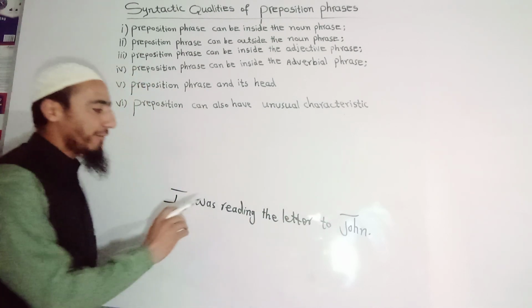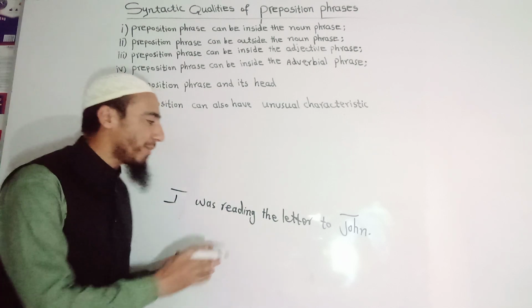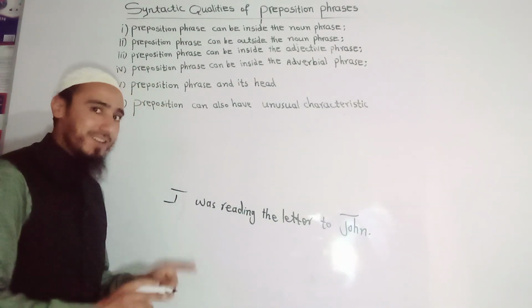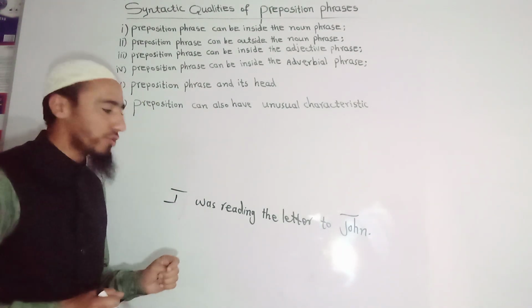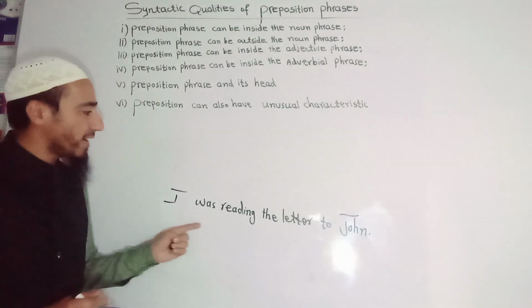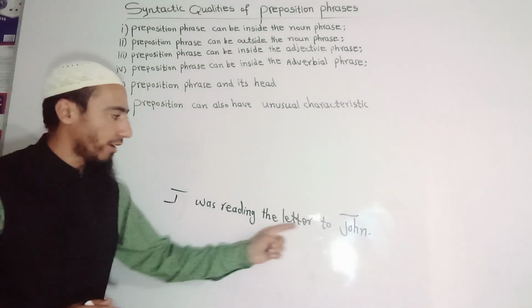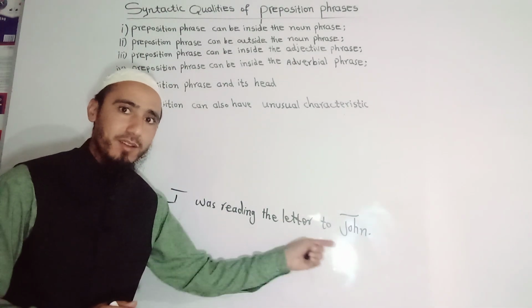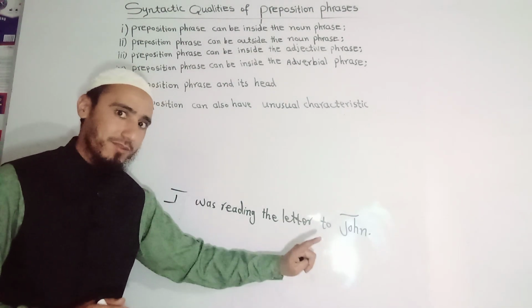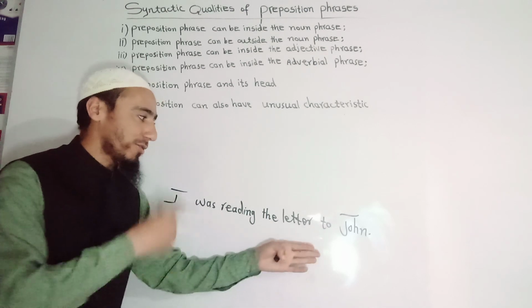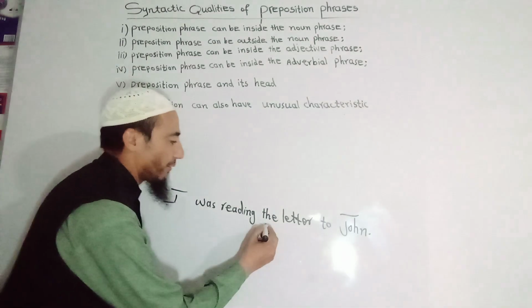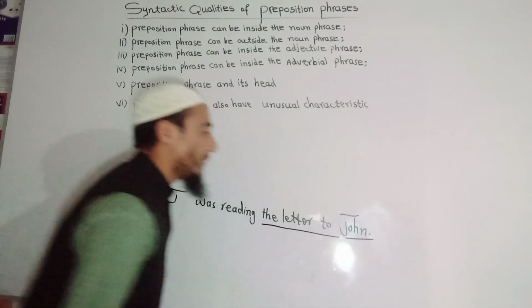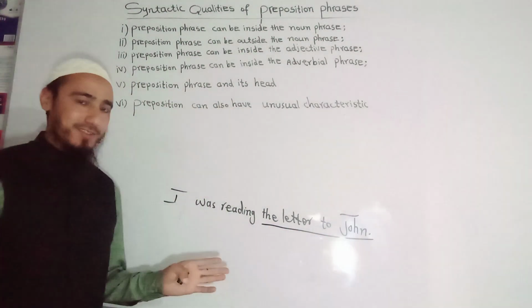So listeners and audience, whenever we are talking about this sentence, it has two structures. If we are taking the first structure, the first meaning is that I was reading the letter to John. The letter to John was sent to John, so I was reading to myself. Okay. So now we are taking this as a whole phrase, like a noun phrase.